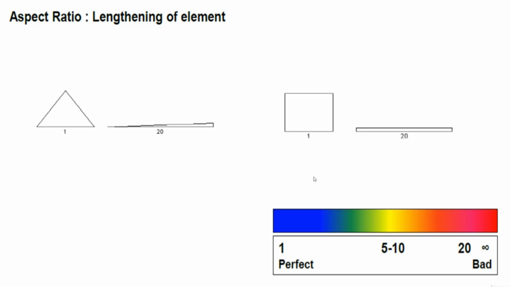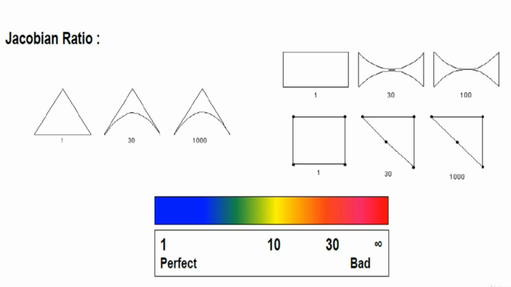Then the next one is known as the Jacobian ratio, and this also varies from 1, which is perfect, to infinity, which is bad. This value can range anywhere from 1 to 5 for a good mesh, but once it crosses 5, the mesh quality is going to deteriorate.